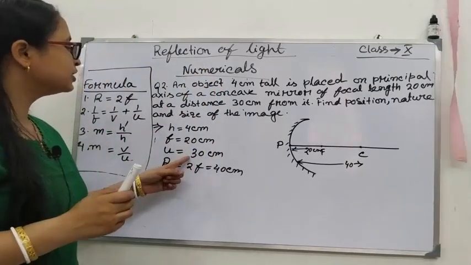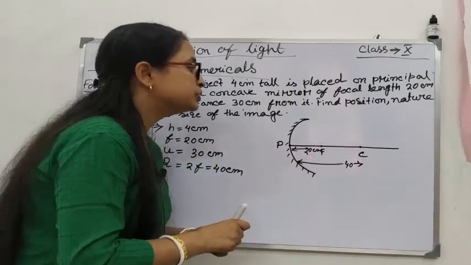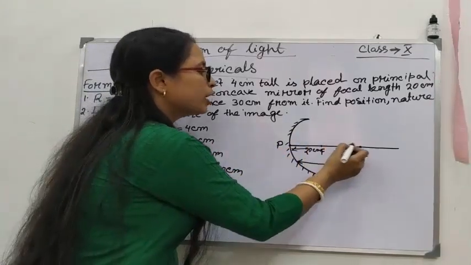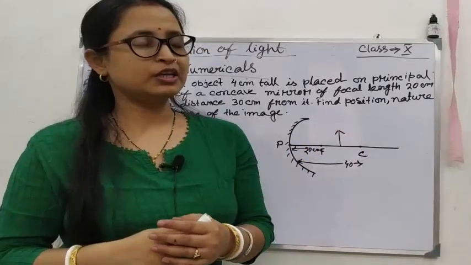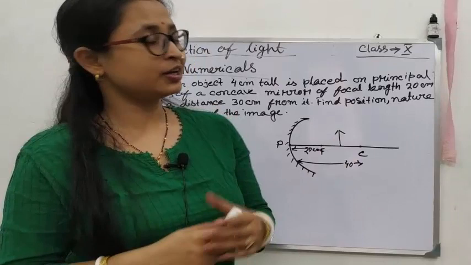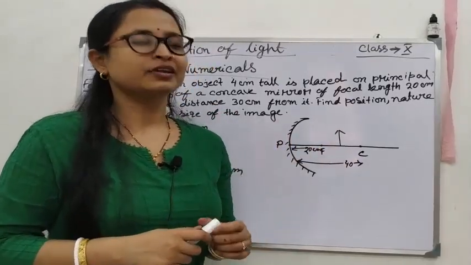So here the object distance is given as 30 centimeter. That means the object is placed in between the focal point and the center of curvature. For image formation by a concave mirror, you can now easily tell the nature of the image.